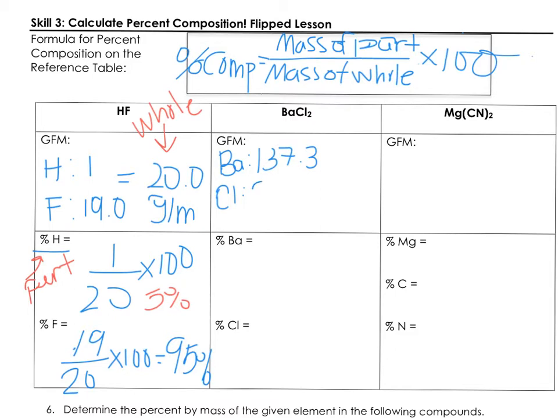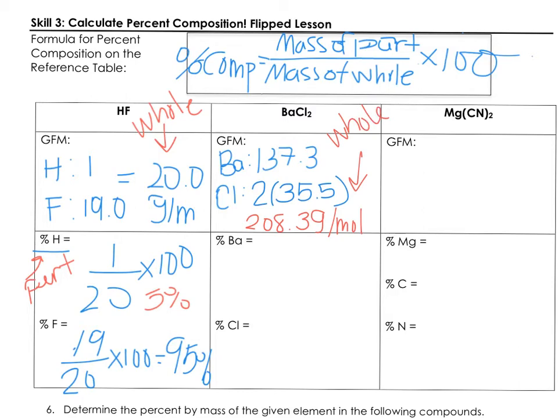So I need to say 2 times whatever the atomic mass is of chlorine, which happens to be 35.5. And I'm going to add those up right in your calculator, and I'm going to get an answer of 208.3 grams per mole.